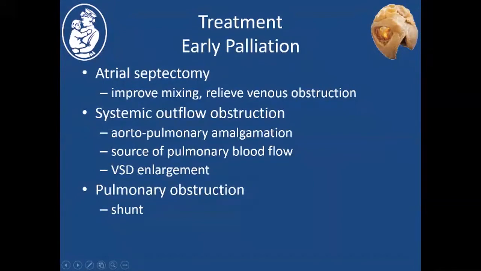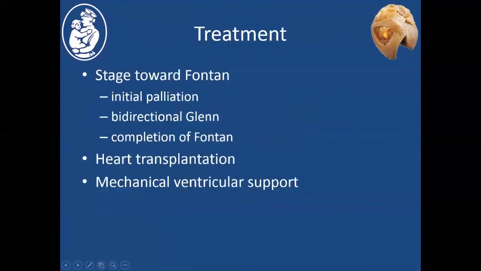In older patients, VSD enlargement has been performed. This has been pretty tricky in small babies because of the difficulty of trying to enlarge this in a very small heart. And then if there's significant pulmonary obstruction, some of these patients need a shunt before going on down the pathway being staged toward a Fontan operation. So initial palliation, then Glenn, and then Fontan.